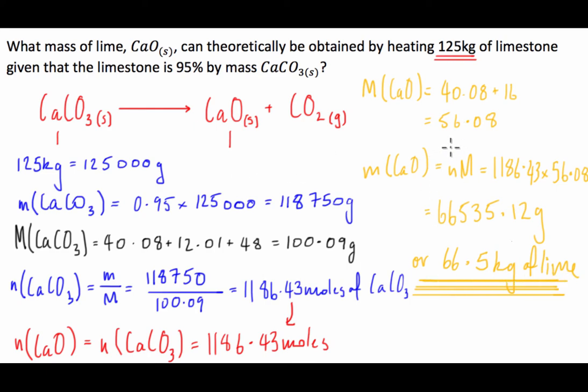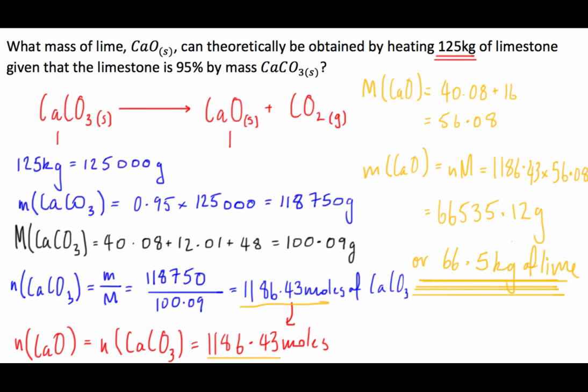So, I think you get the point. What we've done here is, to start with, we worked out what the reaction equation is going to be, so we can find our molar ratios of all our reactants and products. We then worked out the number of moles of the reactant. Using the molar ratios, we can figure out what the number of moles of product is going to be.